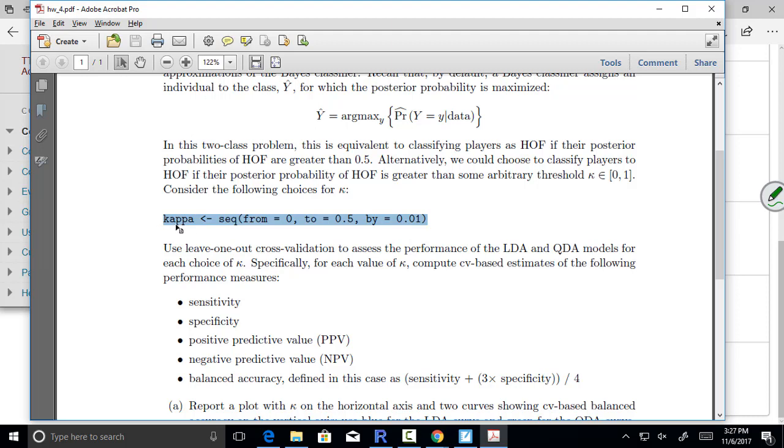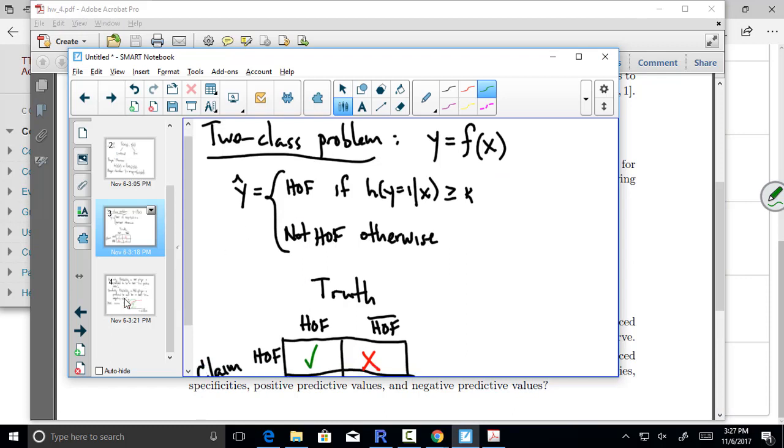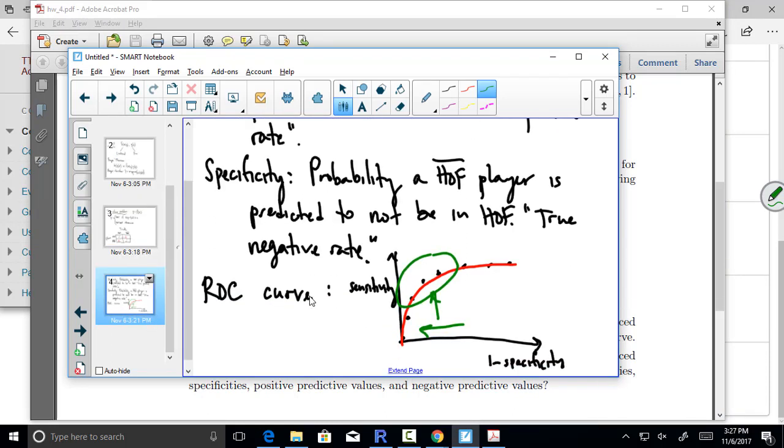For each one of these choices, you'll have a sensitivity and a specificity. And then I have you make a couple of plots. You don't actually make a ROC curve, but you make one that's a lot like one. And then the task is, given an ROC curve or the pictures you're going to make in your homework, what's the best trade-off? What's the best LDA model for these data?